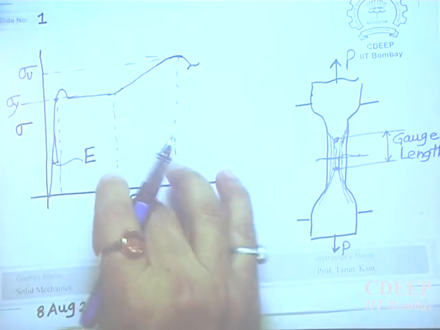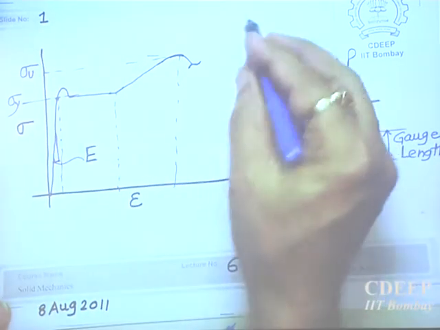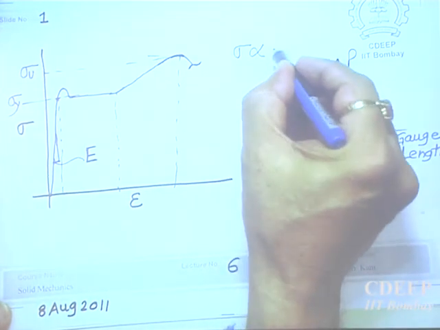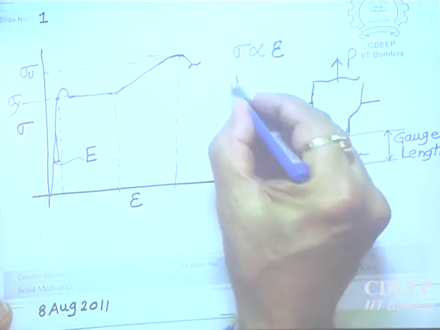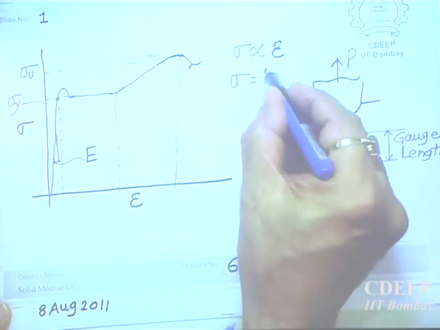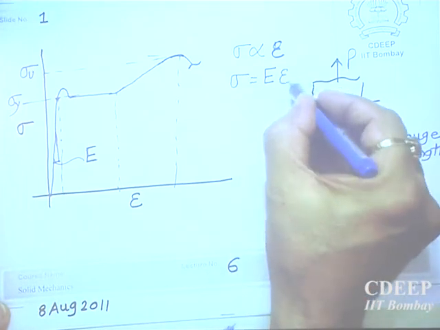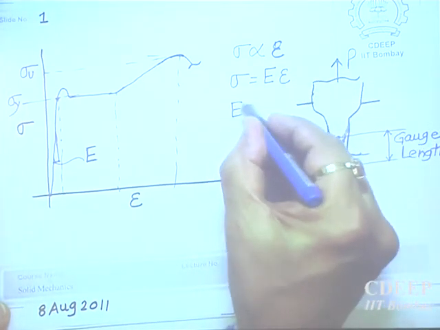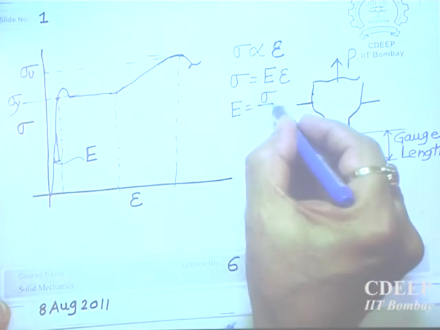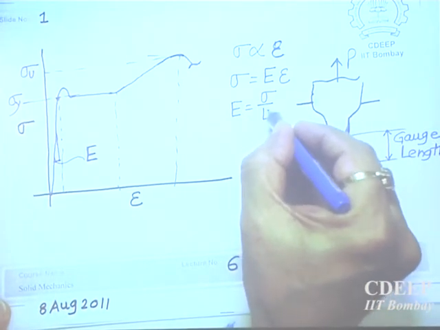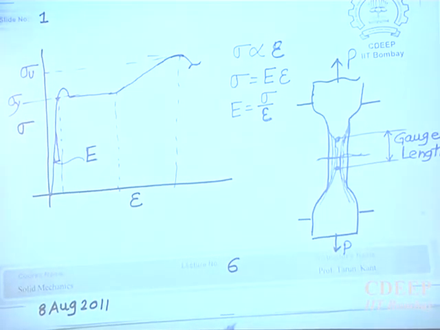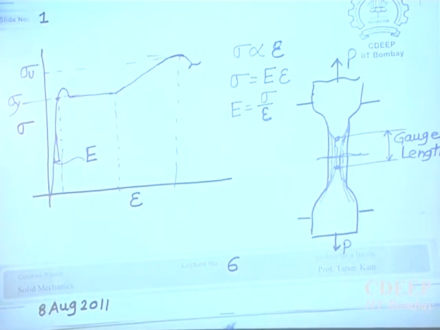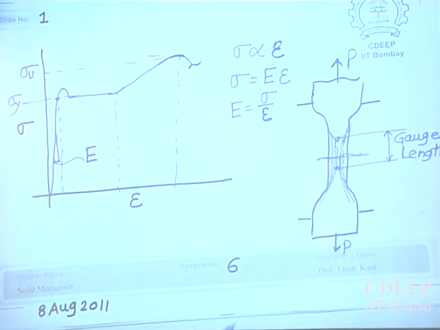There is a relationship that exists in the linear zone: stress is proportional to strain, therefore stress becomes equal to a constant of proportionality into strain, so E becomes this. This is known as Hooke's law, simple Hooke's law for tensile stresses.